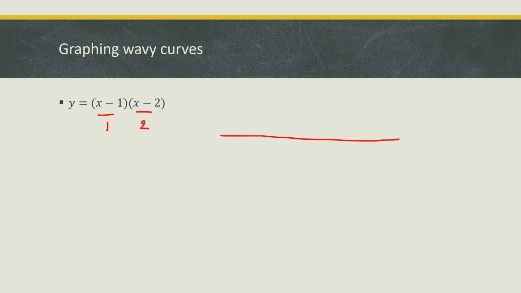That means the function is 0 at x equal to 1 and at x equal to 2. At these values of x, the function will touch the x-axis, but I don't know how the function would look. But if you have some knowledge about drawing graphs, you can guess that the curve would be something like this.